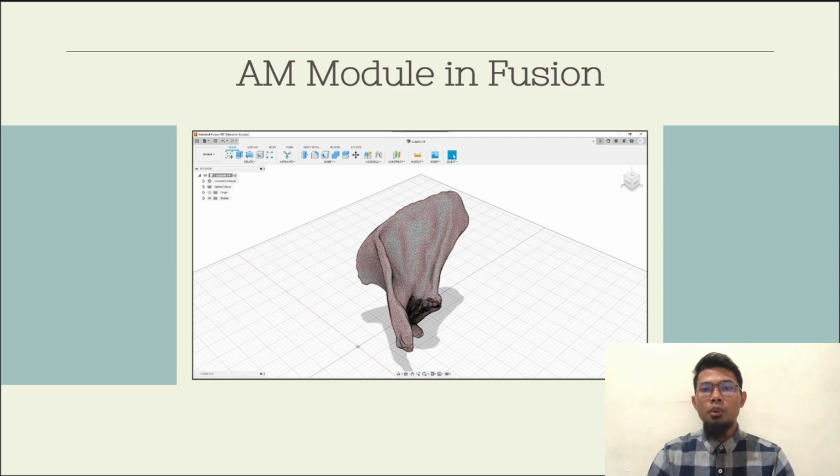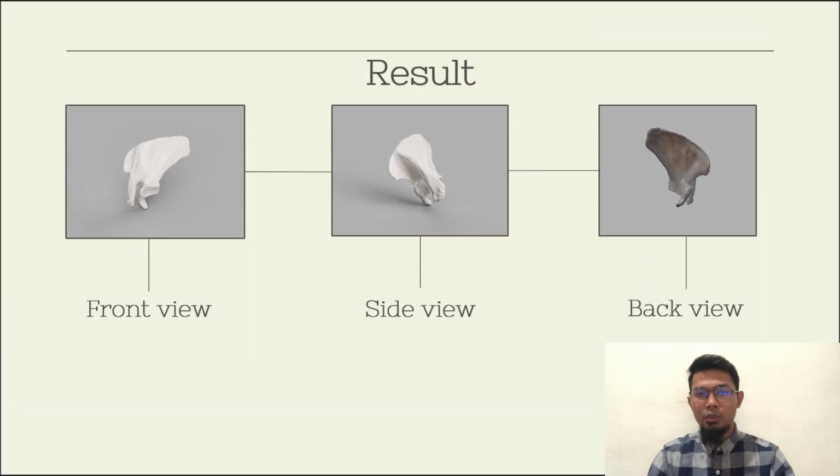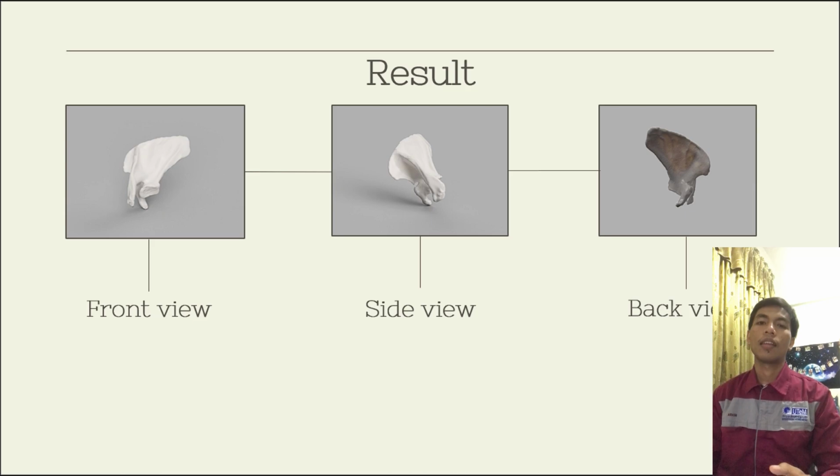We can design and produce 2D and 3D designs that can be used for manufacturing with Fusion 360. The software also allows us to analyze and simulate designs for motion, stress, and strength. For the next slides, we can see the result, which is from the front view, side view, and back view.